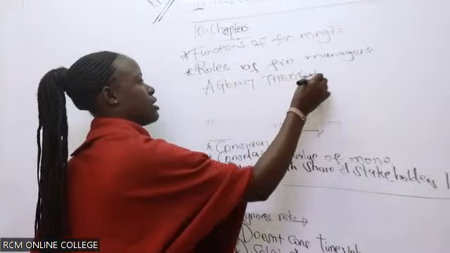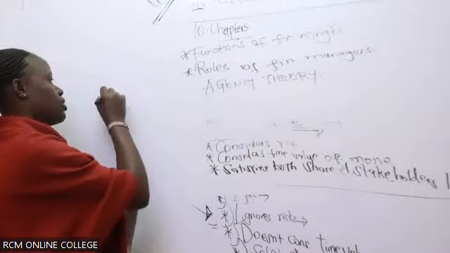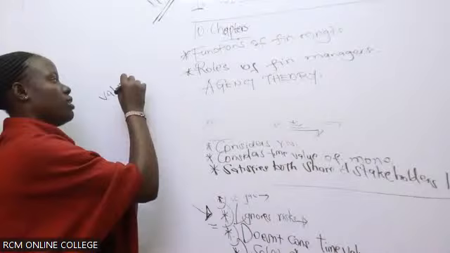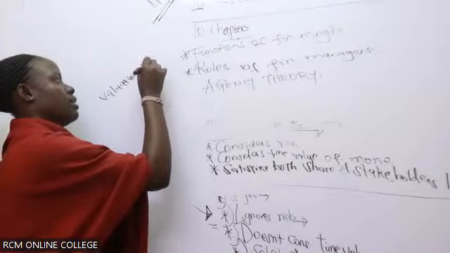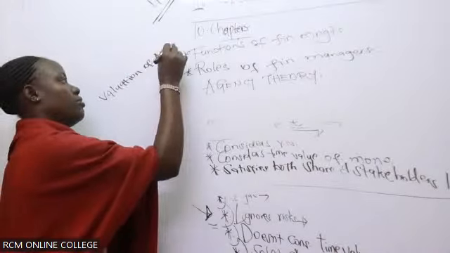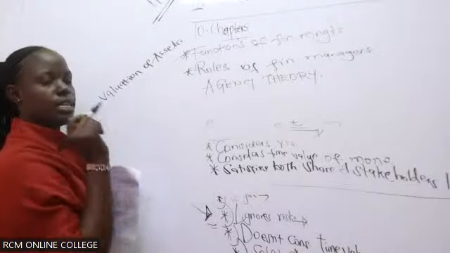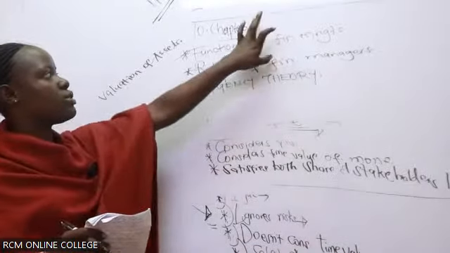I want us to start on chapter 5 that deals with valuation of assets during our next class. And that's why I want us to complete chapter 1.